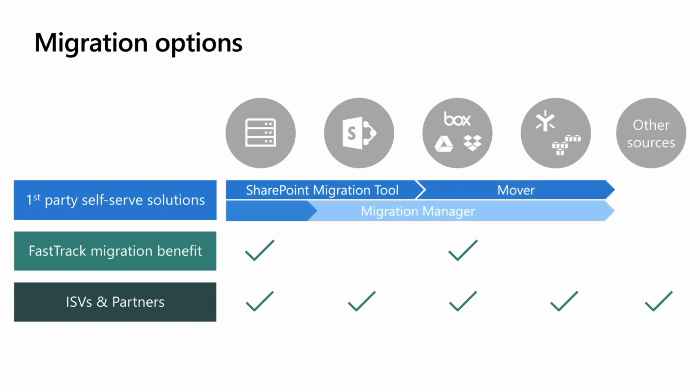And Migration Manager simplifies file share migrations by centralizing the workflow within the admin experience. It will continue to evolve and support additional sources like Box that you just saw into this centralized experience. You can also leverage the Fast Track benefit, which can migrate on your behalf. And you can avail the rich partner ecosystem to fulfill any of your migration scenarios.